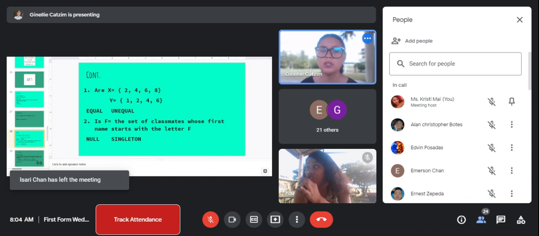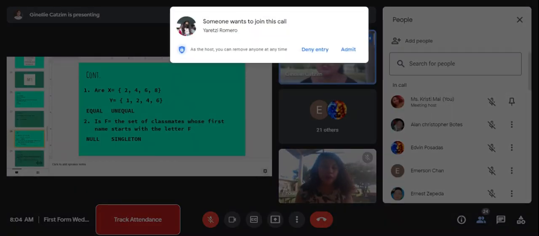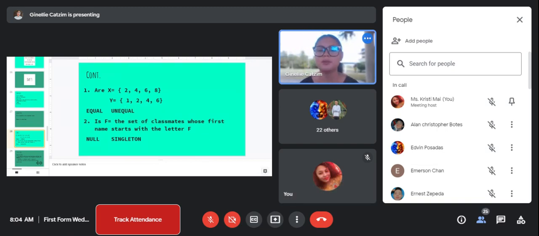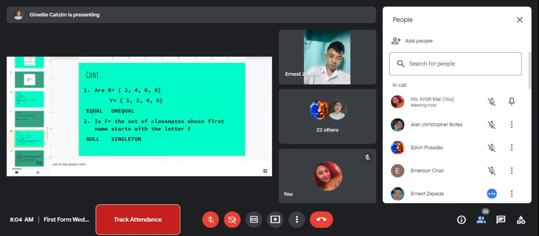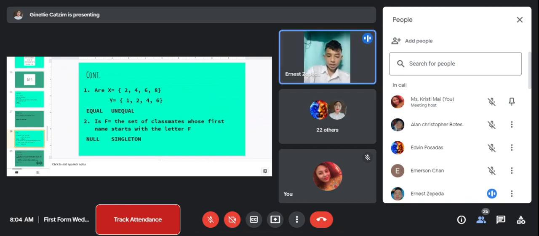Now, our X is the set of 2, 4, 6, 8, and Y is the set of 1, 2, 4, and 6. Equal or unequal sets? Yes, I want to hear what everybody thinks about this one. But yes, Ernest, what do you think? Yes, they are similar in the same amount of numbers.